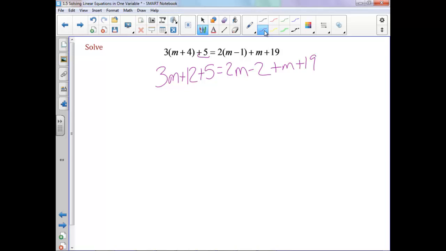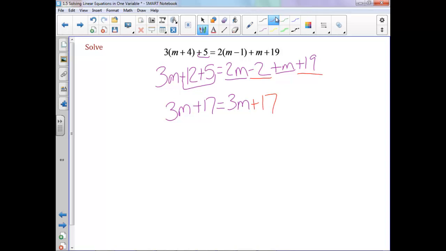And now simplify each side first. On our left side, we have 12 plus 5, so 3m plus 17. On our right side, we can combine our m, so 2m plus m is 3m. And then negative 2 plus 19 is 17.